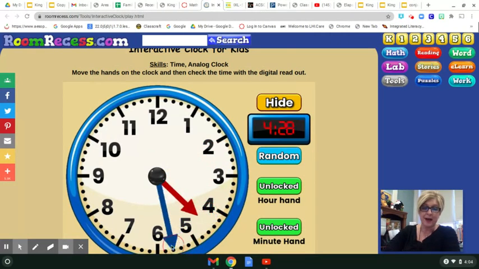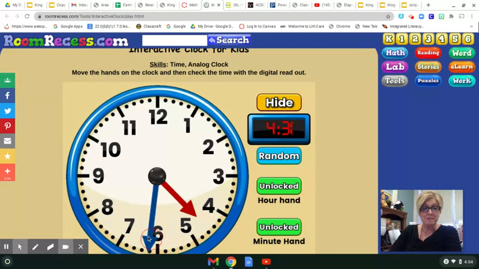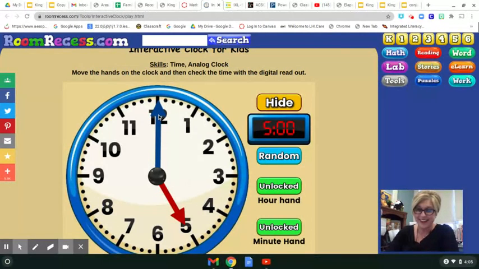Okay, so at about 4:30, you can see that the hour hand is about halfway between the 4 and the 5, just like the minute hand is halfway around the clock. As we keep moving the minute hand, again, that hour hand travels close to that 5 until it hits 5 o'clock. Whoops. 5 o'clock. There we go. So that's a review on time to the 5-minute mark.